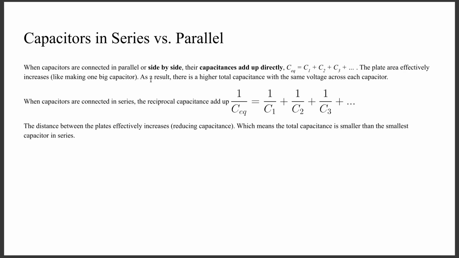As a result, there is a higher total capacitance with the same voltage across the capacitors. When capacitors are connected in series, the reciprocal capacitances add up, as you can see here. The distance between the plates effectively increases, reducing capacitance, which means the total capacitance is smaller than the smallest capacitor in series.